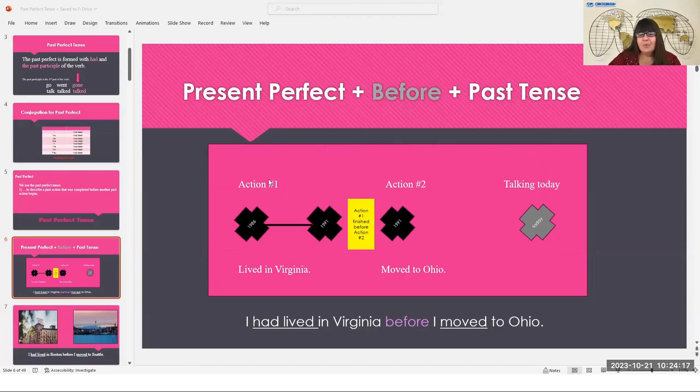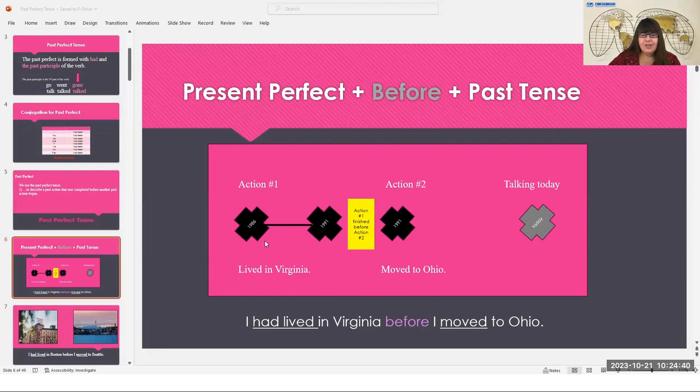Now, action number one started and finished before action number two began. So if we look at this example, I had lived in Virginia before I moved to Ohio.